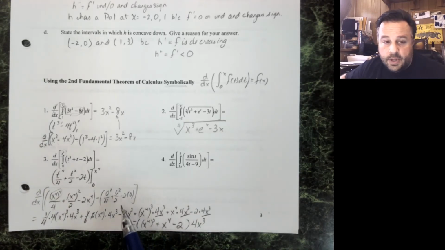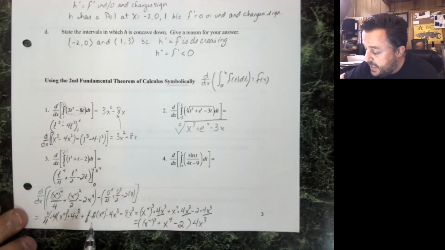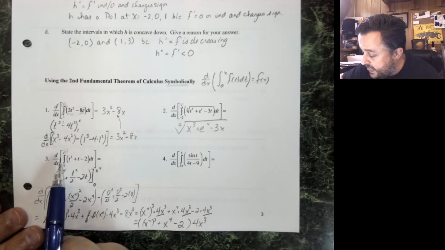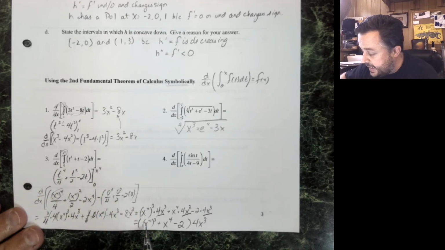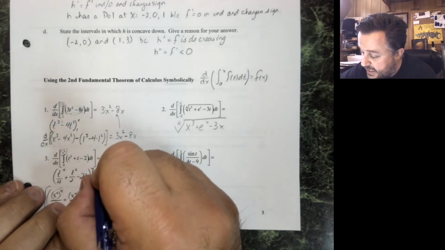Now that's an awful lot of work, but take a look at what happens here. I end up getting this function evaluated at that upper bound. So this function is t cubed plus t minus 2. I have here x to the 4th cubed plus x to the 4th minus 2. So I end up getting that function evaluated at x to the 4th.